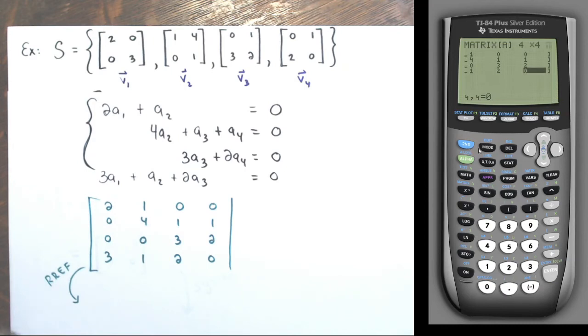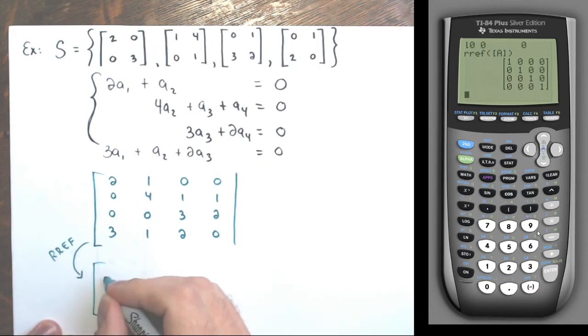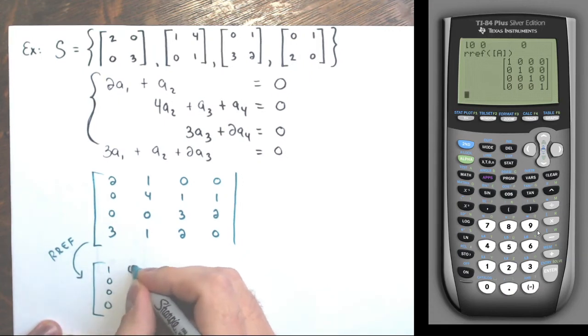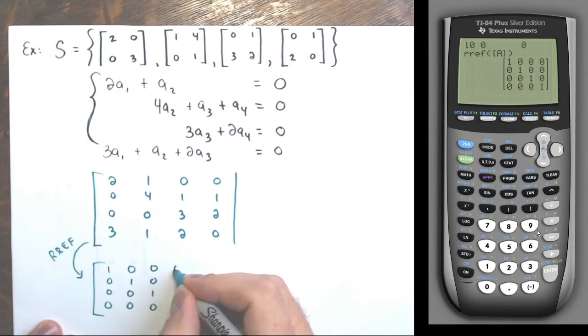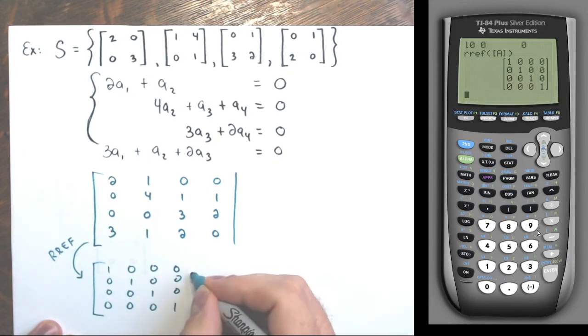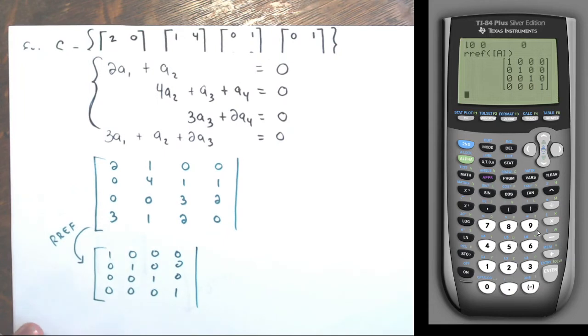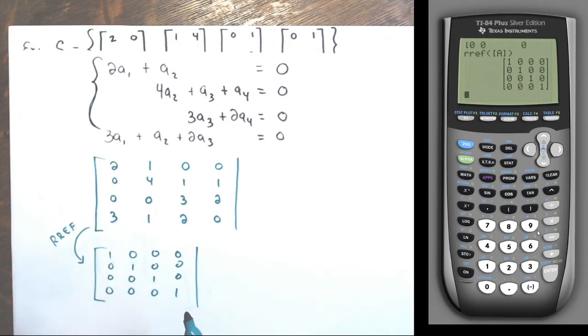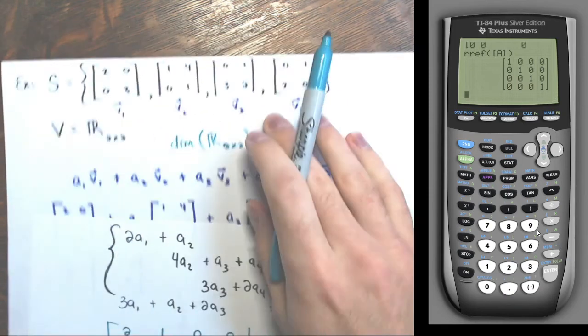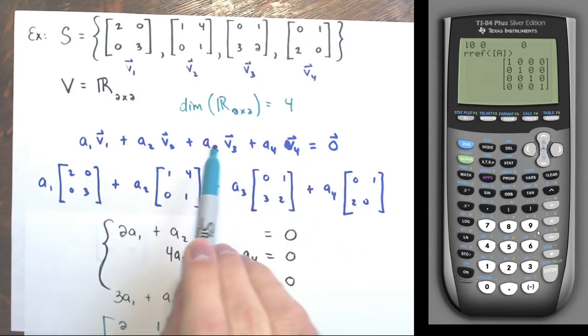Okay, the last thing I entered was reduced row echelon form. Do it again. Look at that, the 4x4 identity matrix. So if you were doing the whole test for independence, this would say that A1 is 0, A2 is 0, A3 is 0, A4 is 0. Tells me the only solution is the trivial solution.